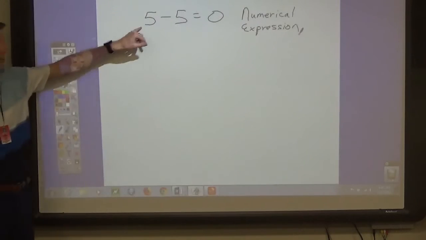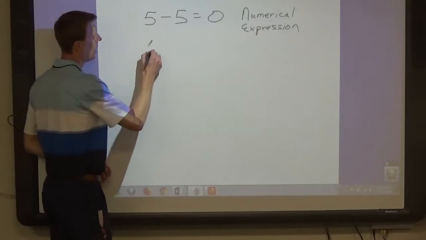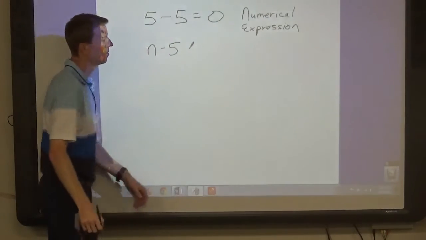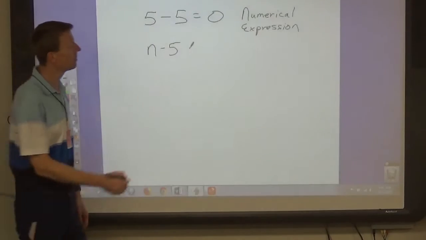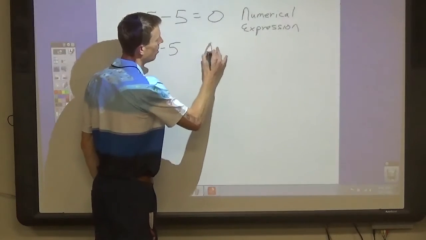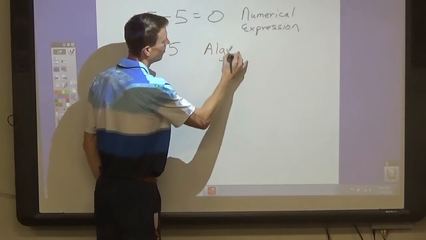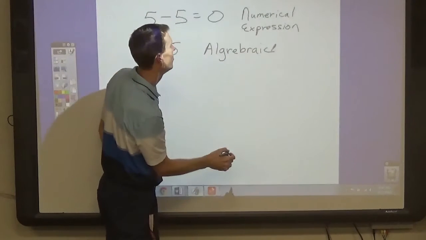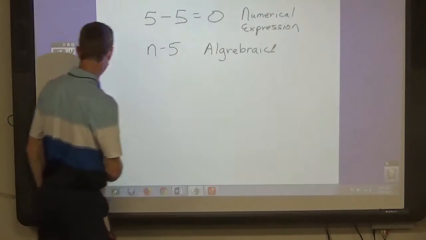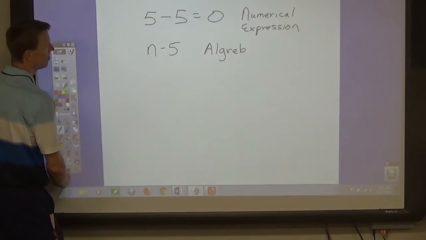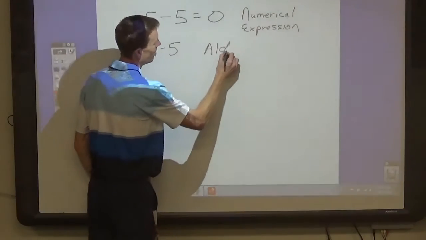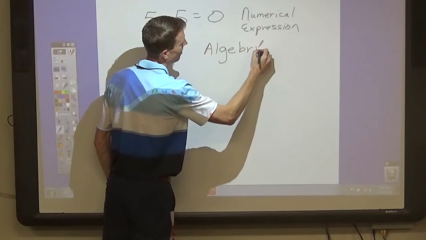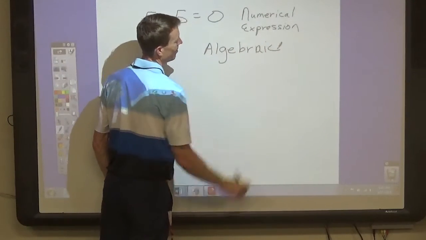If it has a variable, like n minus 5, then it's an algebraic expression.